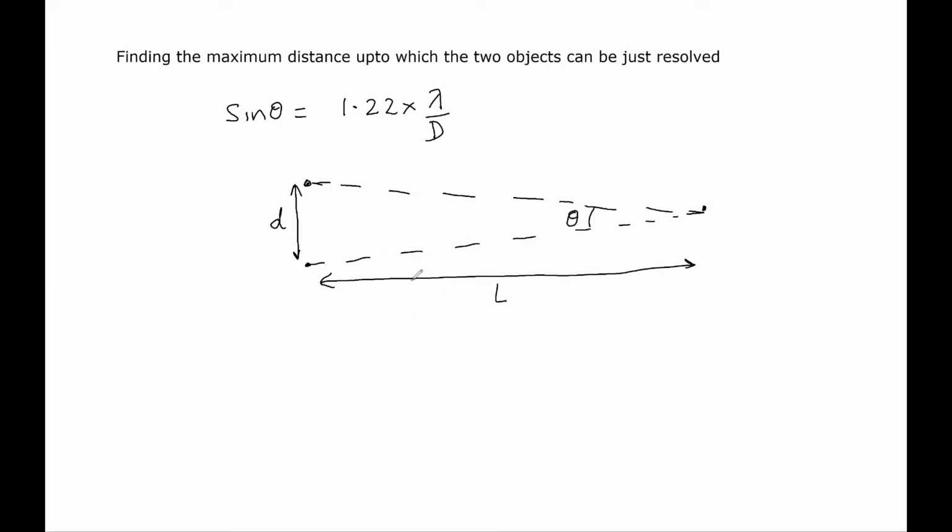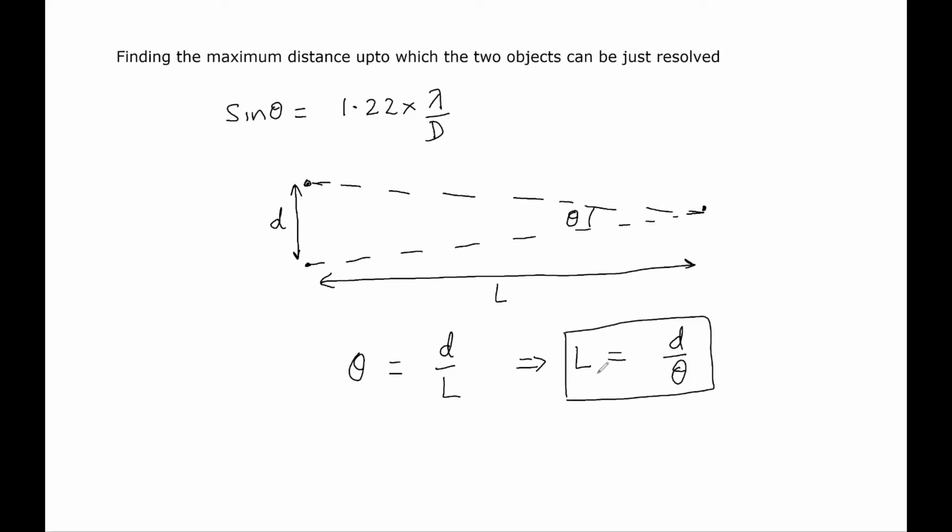Using geometry here, theta being very small, I can write theta is equal to d by L, where L is the maximum distance up to which the two objects can be just resolved. So from this equation, we can write the formula that L, the maximum distance, is nothing but d by theta, where theta should be in radians.